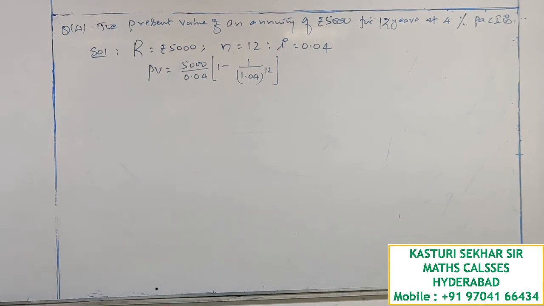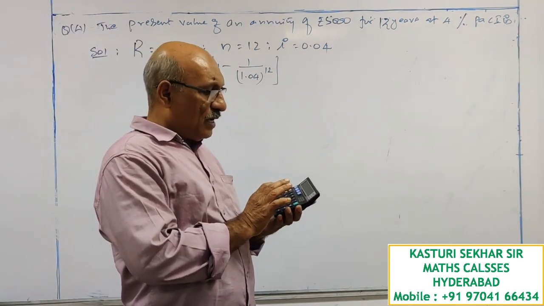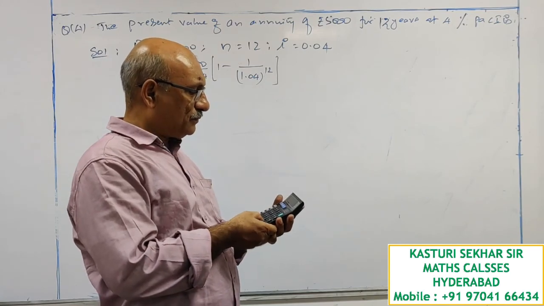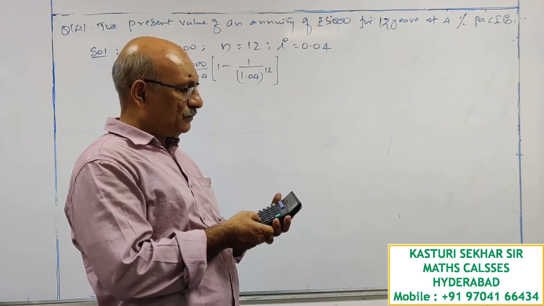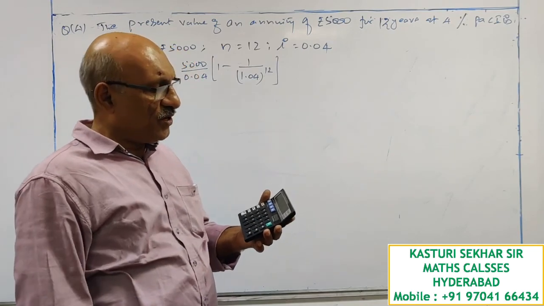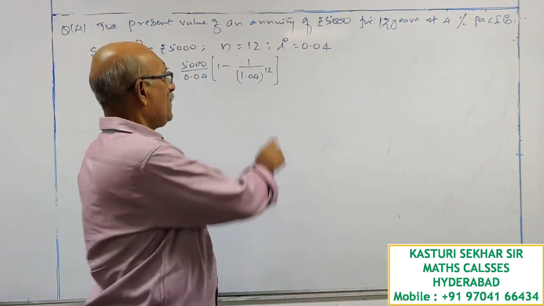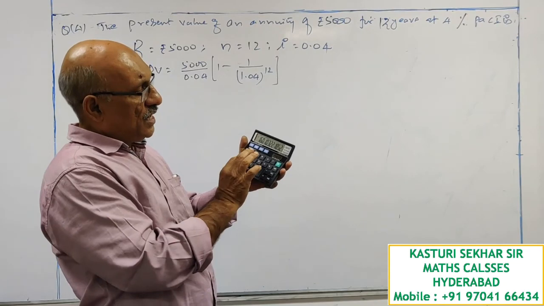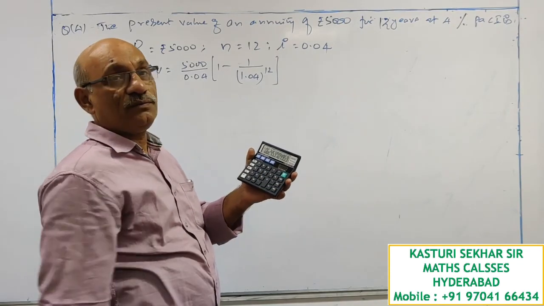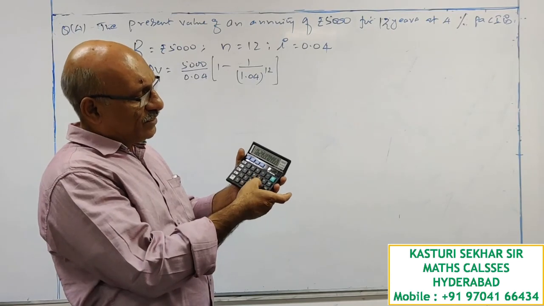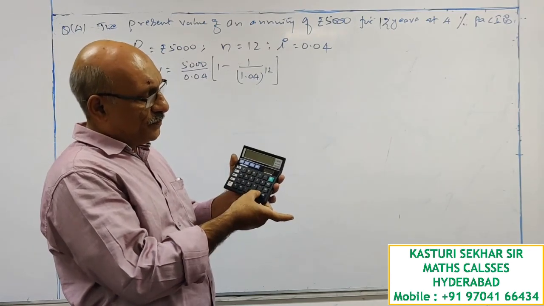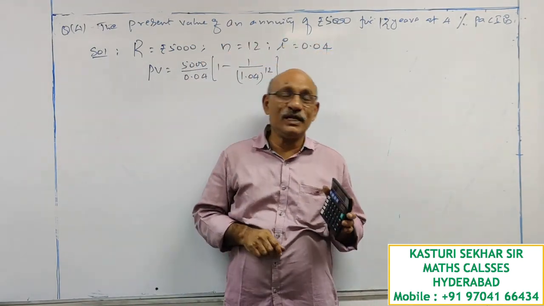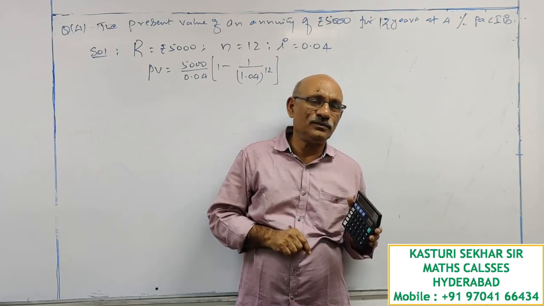Let us see its simplification on the calculator. One more time I am explaining. 1.04, raise x power to 12. You will get 1.6010322. And 1 divided by this value, so for this you store it in memory. 1 divided by MRC, then subtract 1 from this. You will get a negative value, but we know it should be positive.